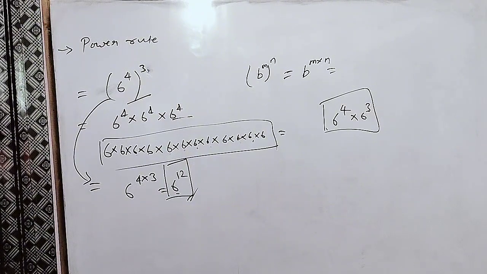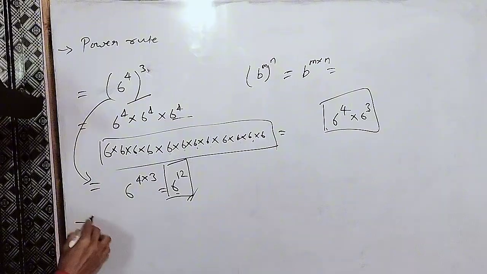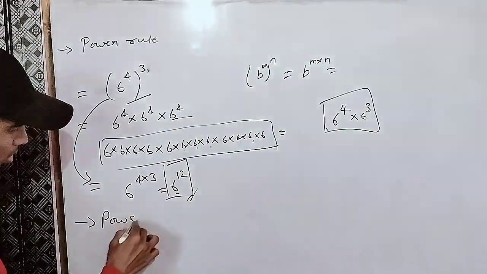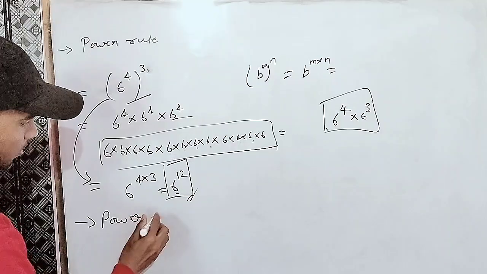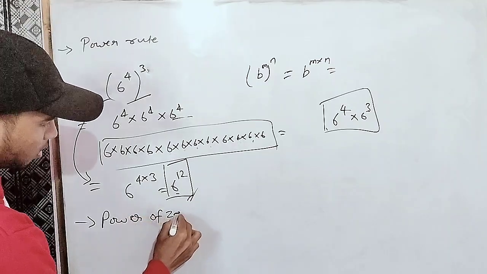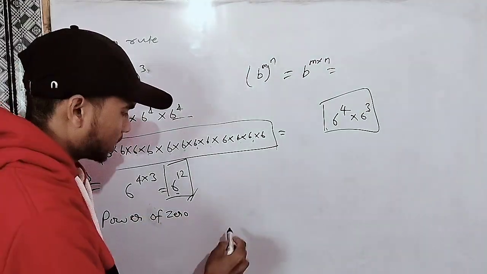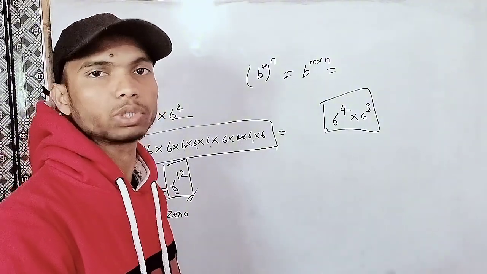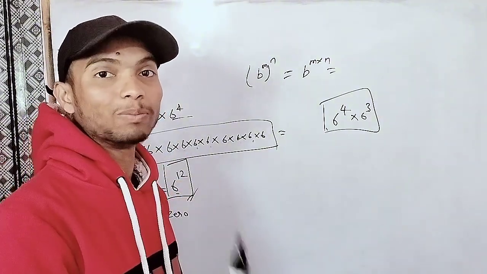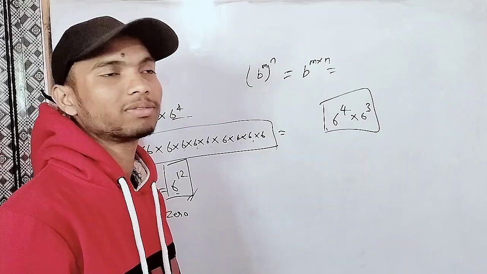Power of 0. So it is saying the exponent is 0. Exponent is 0, base is not 0. Base should not be 0.